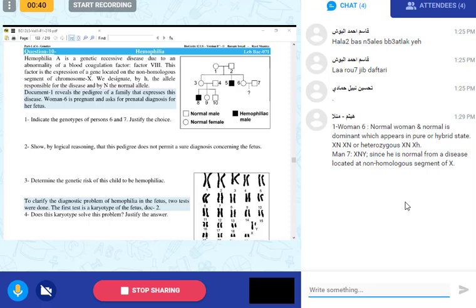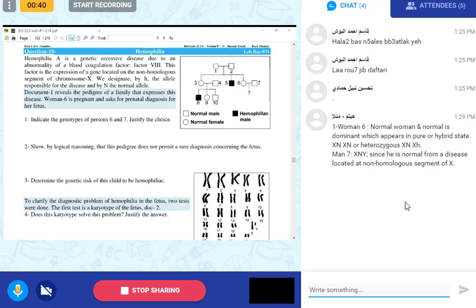If the female is XNXN, the fetus is normal 100%. But if she is XNXH, there will be a chance that the boys will be affected. But are we sure what her genotype is? No.